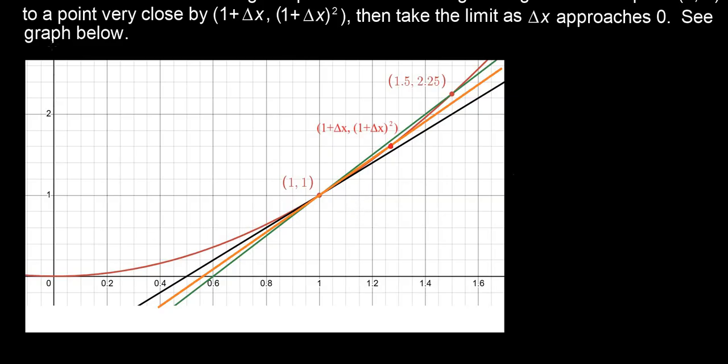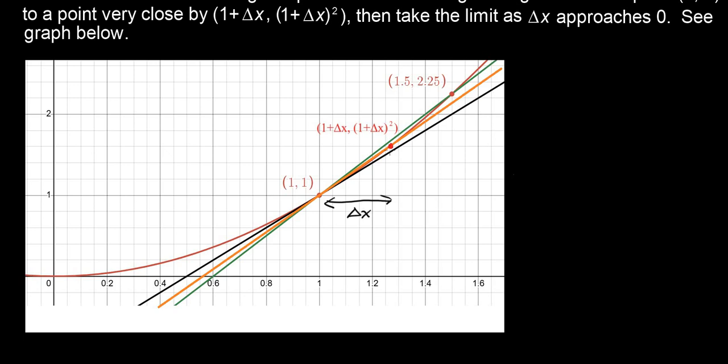You could see that the corresponding horizontal change would be 1 plus delta x minus 1, or just delta x. So horizontally, the second point is delta x units away from the first one.